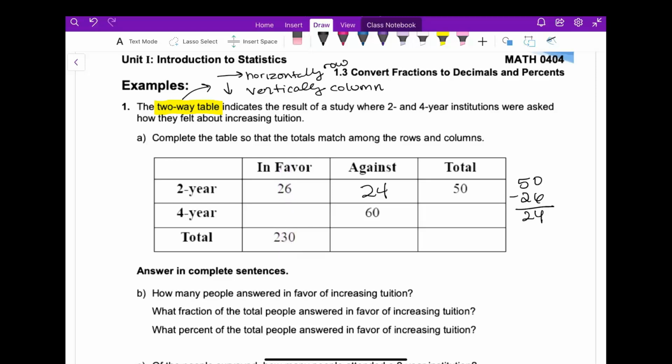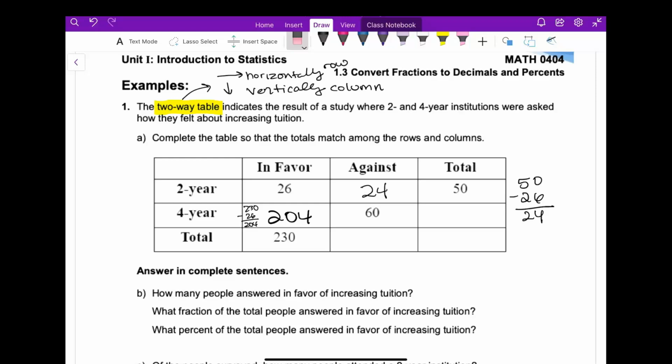Let's use this 230 minus the 26 students that are already there, and we are going to have 204 students missing. Let me write it like this. And now I have this column almost full, and I know how many are at a 2-year, how many are at a 4-year, so I see the total.